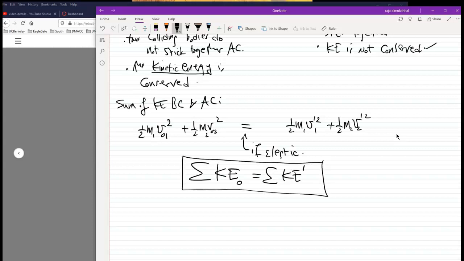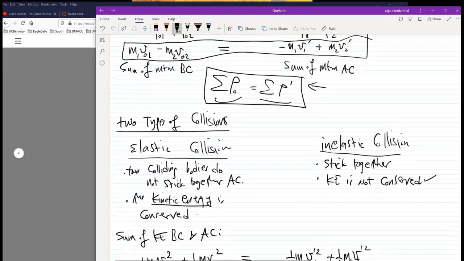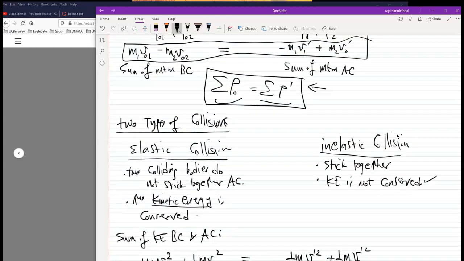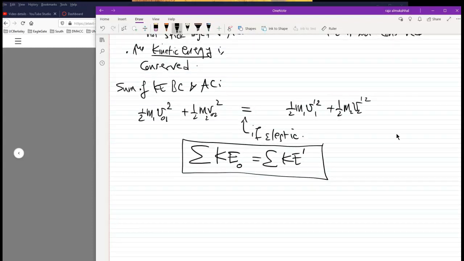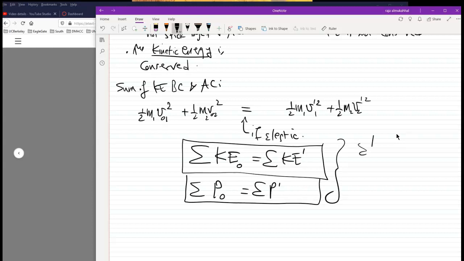So now we have two conditions. The first condition is the sum of the momenta before and after are equal, and the sum of the kinetic energy before and after are equal. If those two conditions are satisfied, that's elastic.